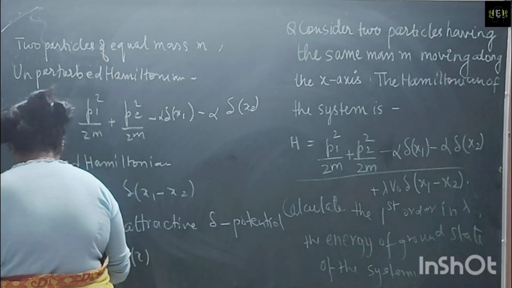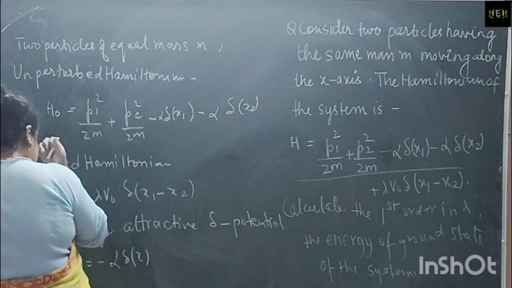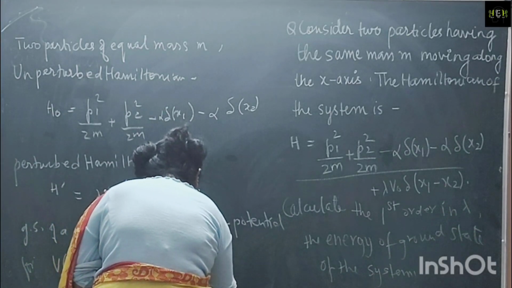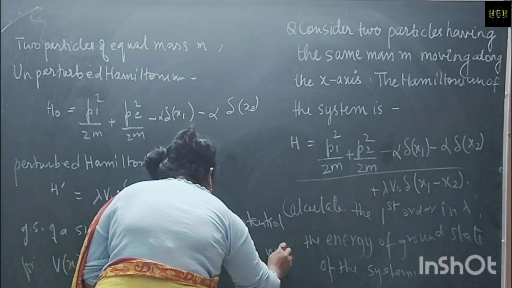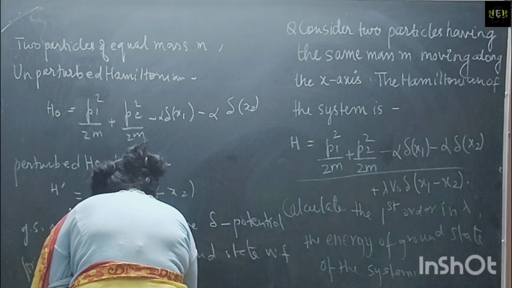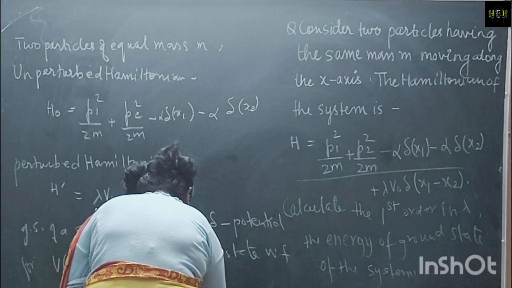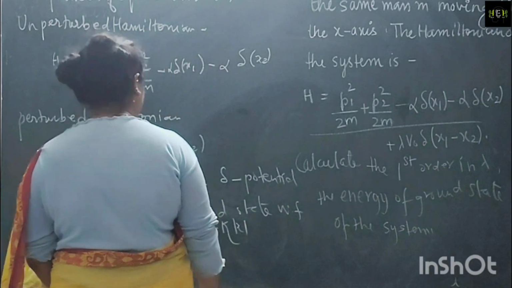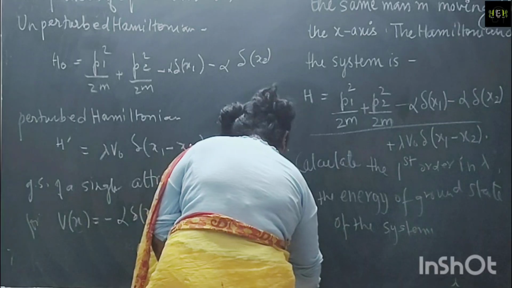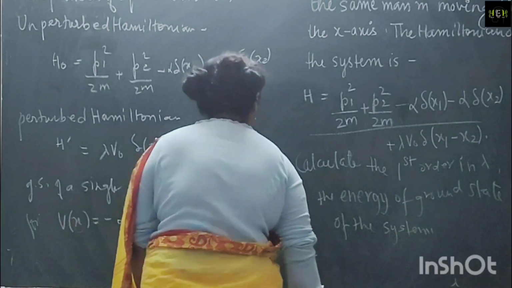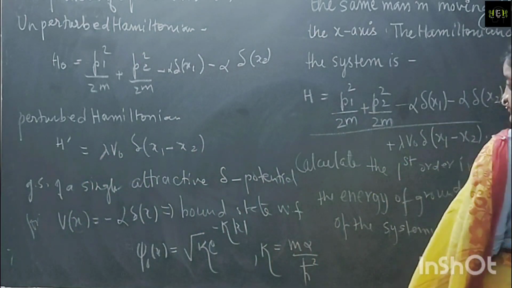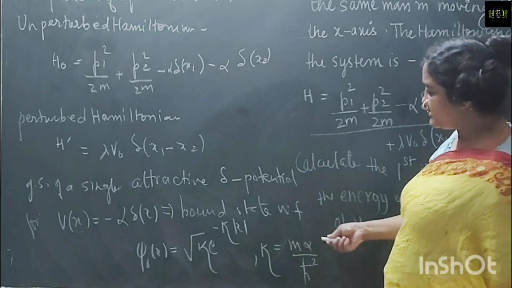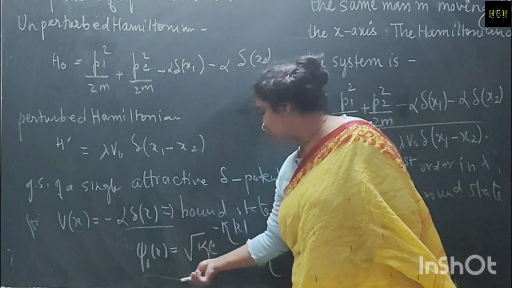This is the potential given, so I can say the bound state wave function will be psi naught of x equal to square root of kappa times e to the power minus kappa mod of x, where kappa is equal to m alpha by h cut square. This is my single attractive delta potential.